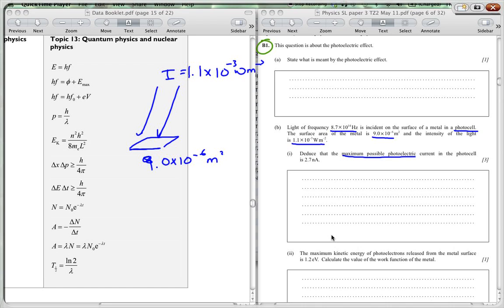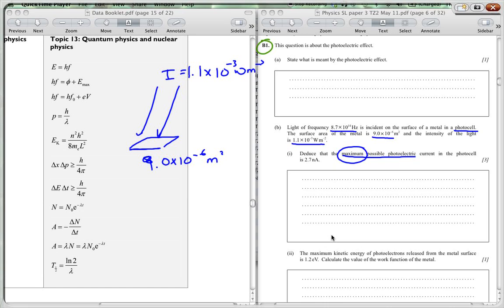We also have that the light frequency is 8.7 times 10 to the 14 hertz. Now we can work out the number of photons falling on the surface, and because it says maximum possible photoelectric current, we're going to assume that every photon causes one electron to eject. That would be the maximum possible, and if we can work out the number of electrons per unit time, we would have our current.